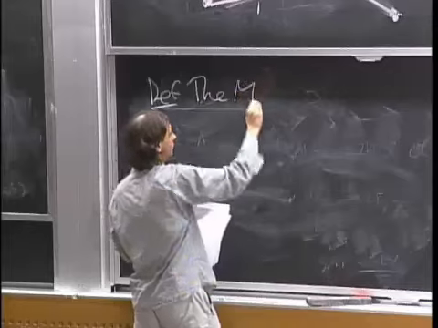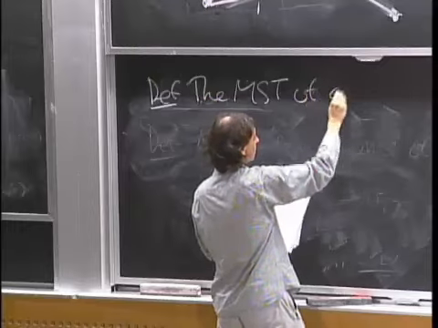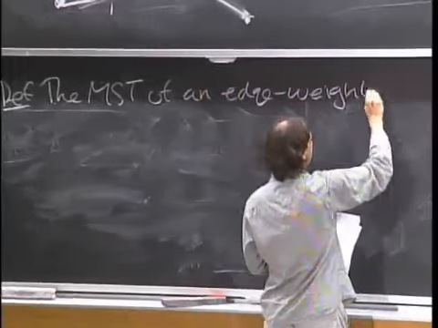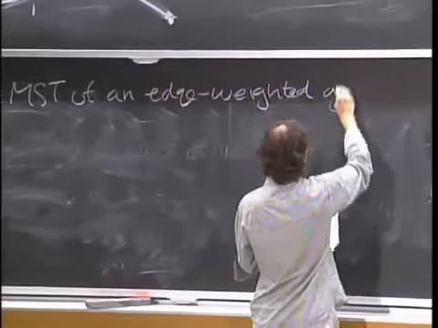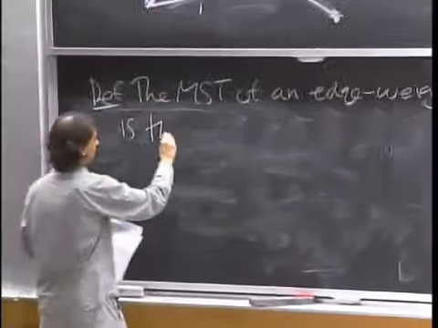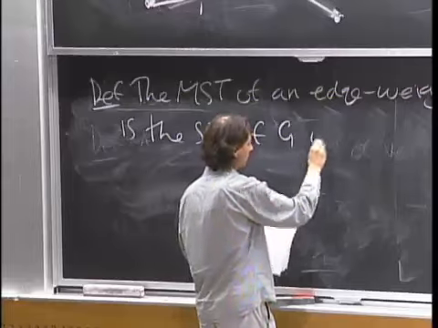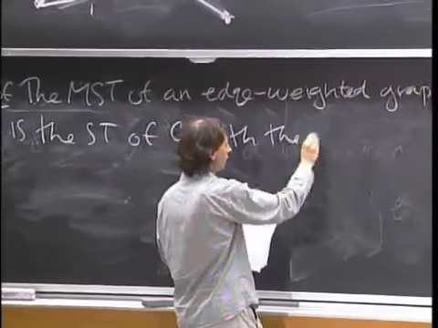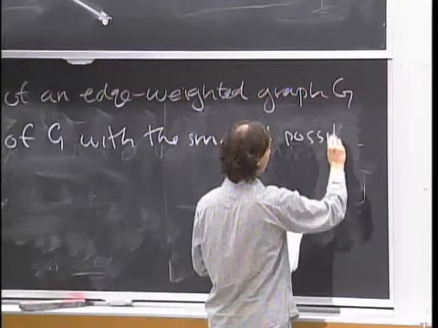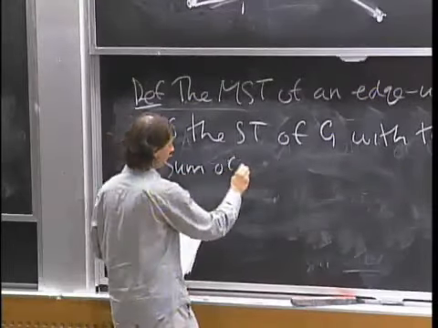So the minimum spanning tree of an edge-weighted graph is defined as a spanning tree of G such that it has the smallest possible sum of edge weights.